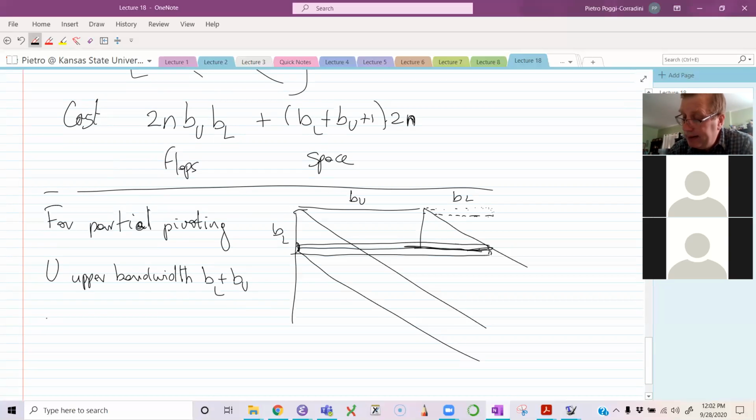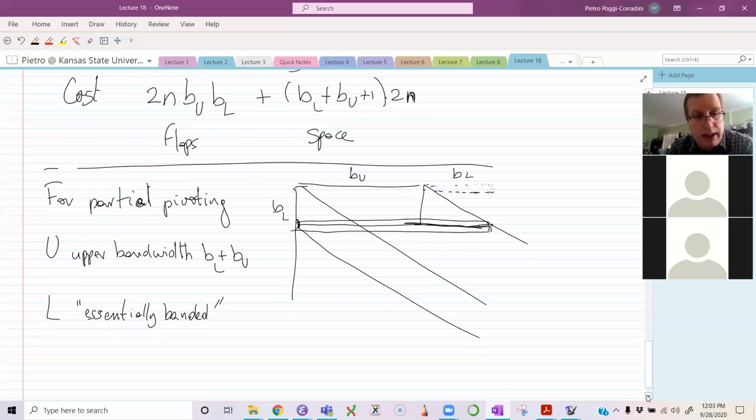And L is going to turn out to be essentially banded. And what that means is that L might actually have some things under the diagonal, under the BL diagonal. But the number of non-zero terms below the diagonal will still be bounded by BL, actually BL plus 1.